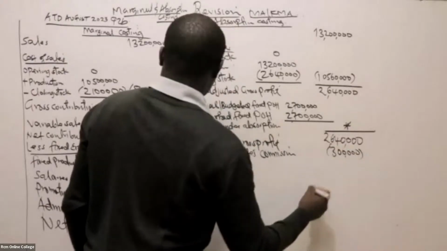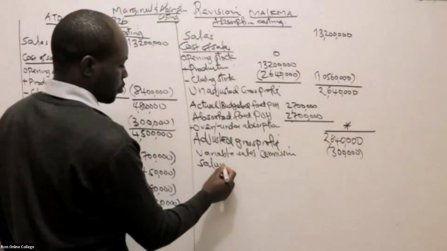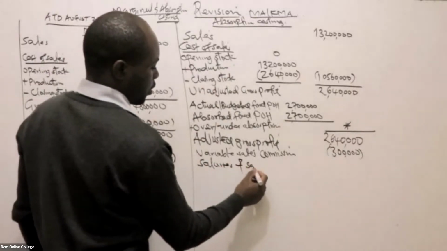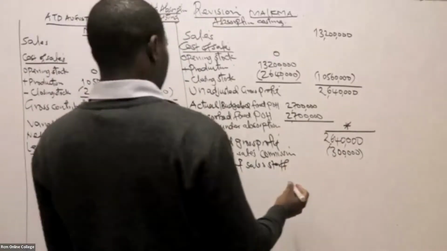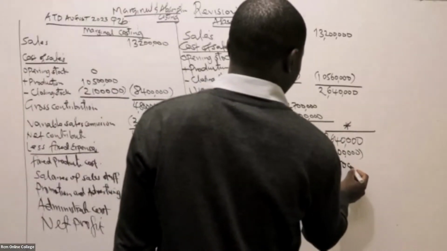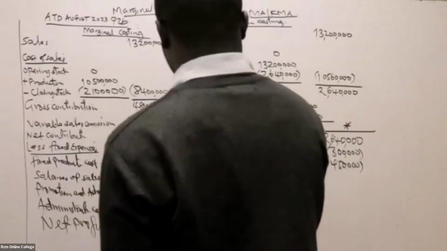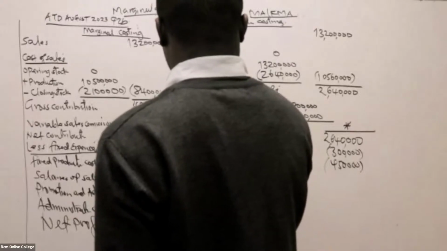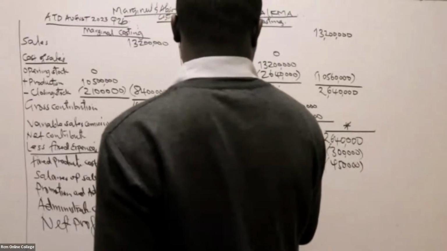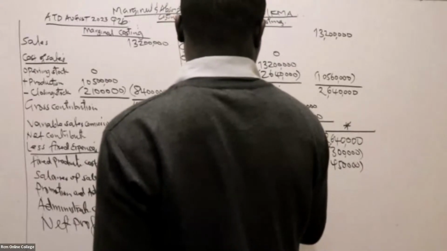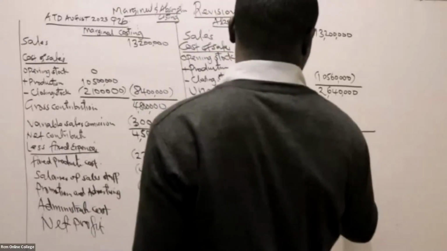Then we go to salaries of sales staff, 450,000. Then we go to promotion and advertising, 480,000.